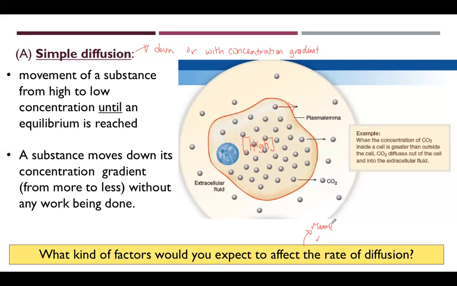Same goes if it's too cold, or if the temperature is cooler, the membrane is going to be more rigid and stiff. It's not going to allow those molecules to pass through quite as easily. Something else that might affect is the size of those particles.